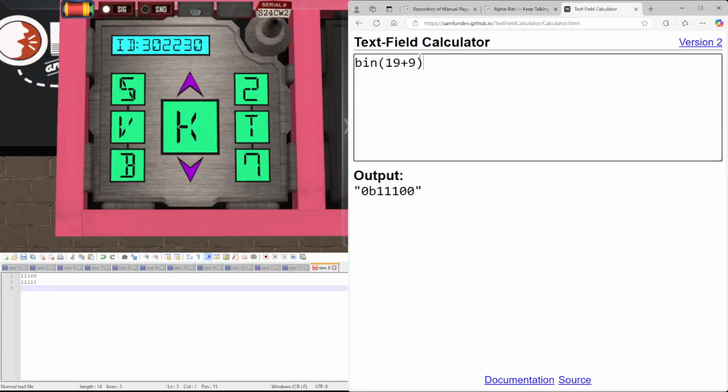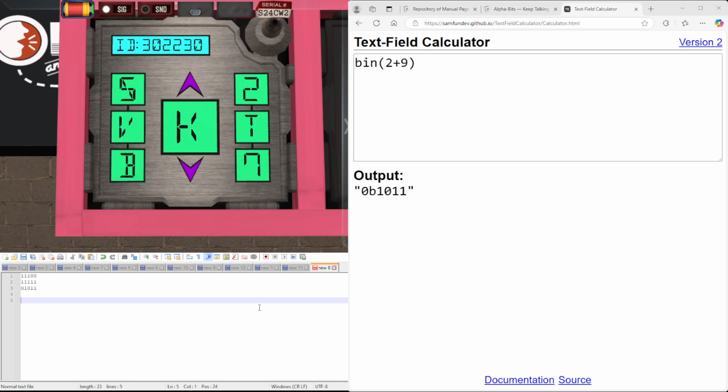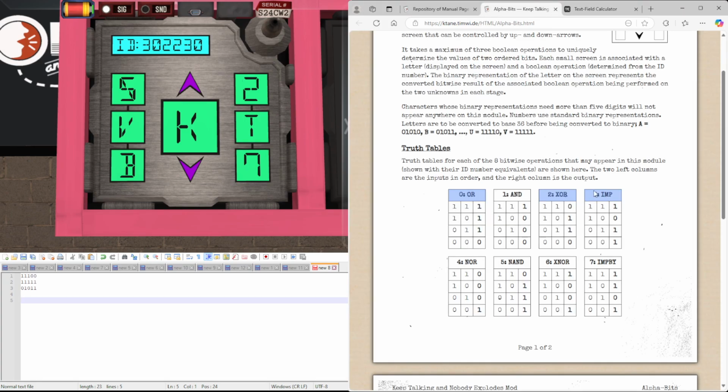There, and then okay, so this is 110 in 302. That'd be 11.